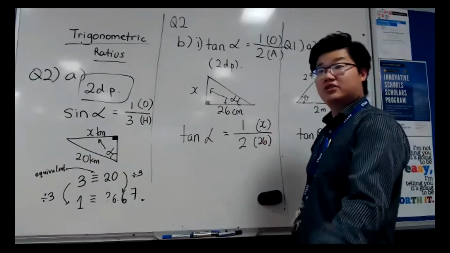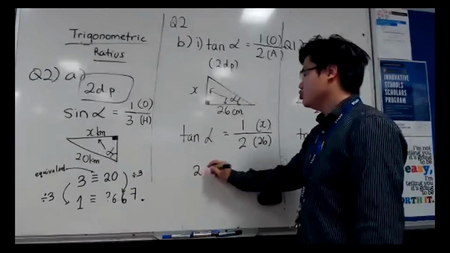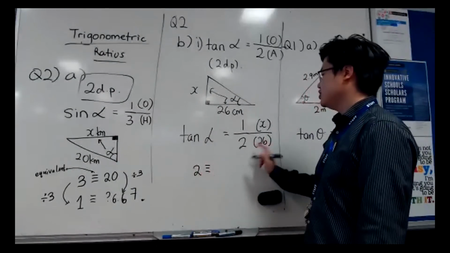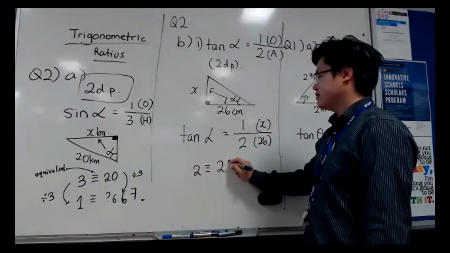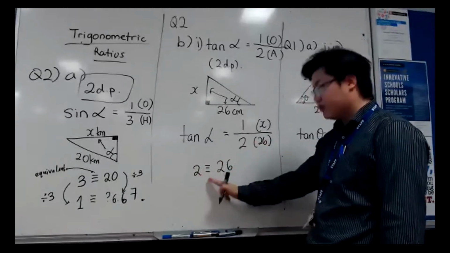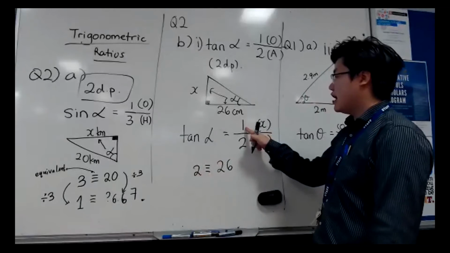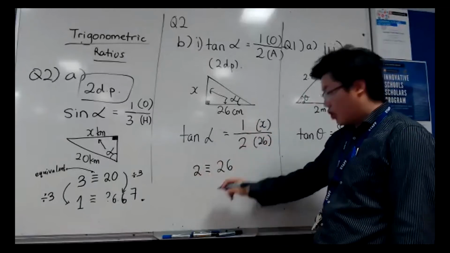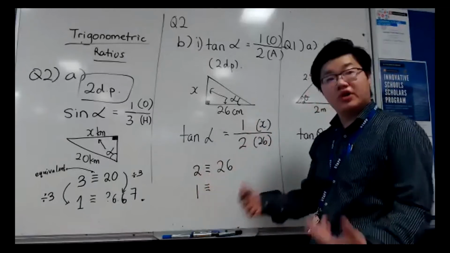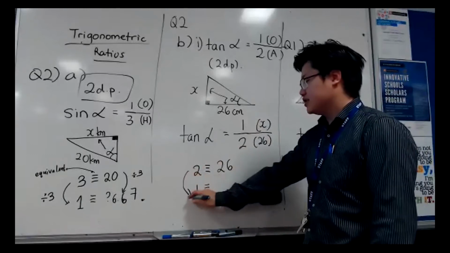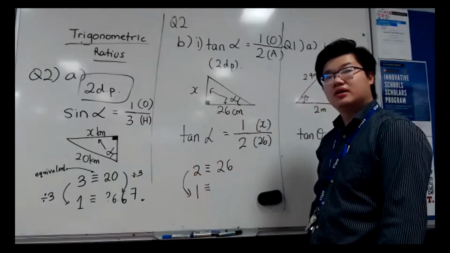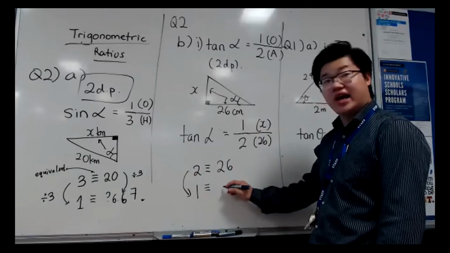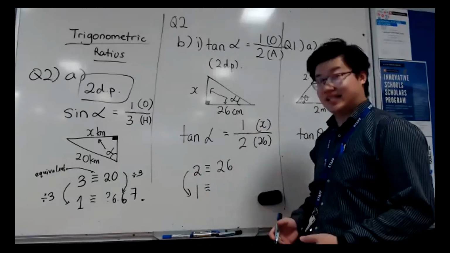Now we can use proportionality. 2 is equivalent to 26. I'm looking for 1. So 1 would be how much? Your answer will be X, but how much is X?